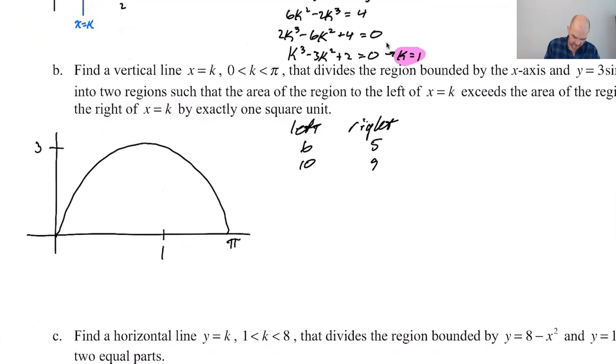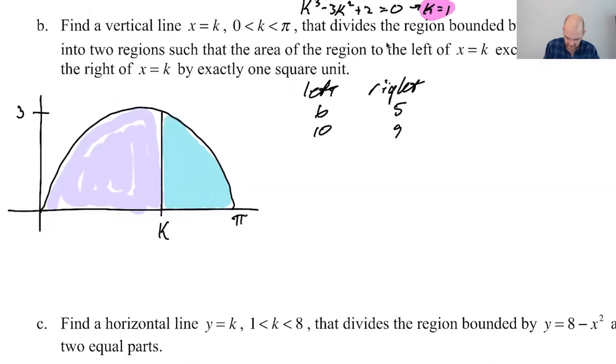It's not going to go well. I'm going to say this is k, right? And so what we have here is this line, and the area to the left, this area, is going to exceed this area by 1, which means that if I write two integrals, I'm going to write one integral that goes from 0 to k of 3 sine of x.